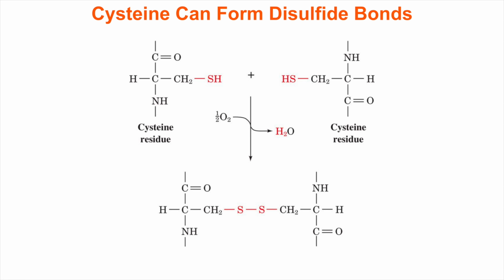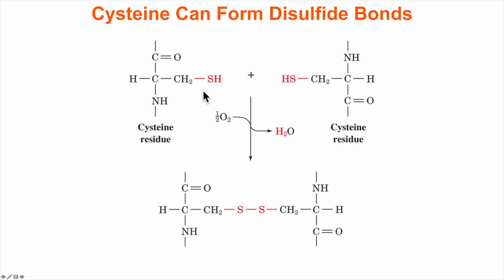So cysteine has one very special property, and this is really important for a lot of reactivity as well as some stability in proteins: it forms disulfide bonds. If this is one polypeptide and this is another polypeptide, and they come into close enough contact, let me ask you this: going from A to B, is this an oxidation reaction or a reduction reaction?